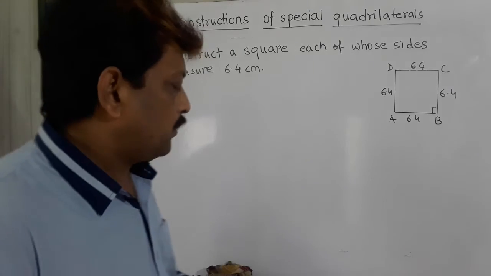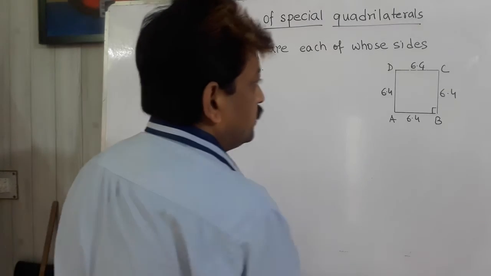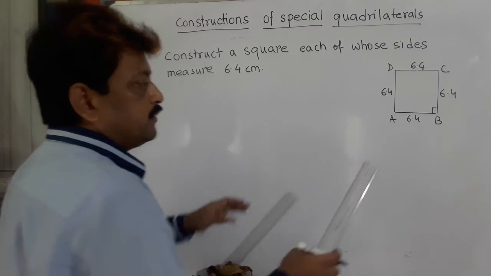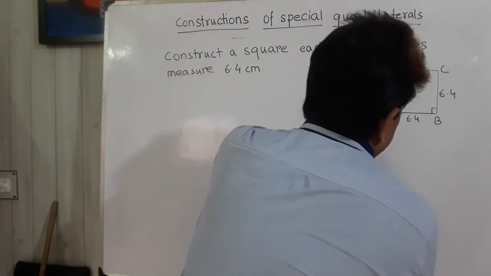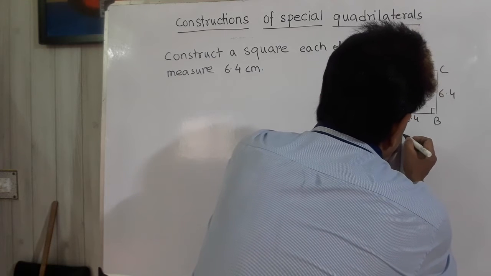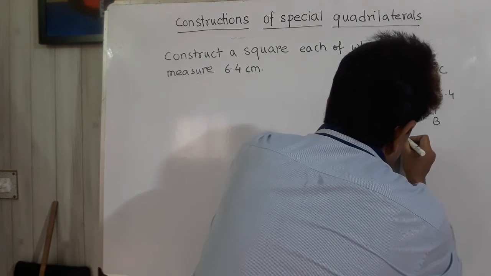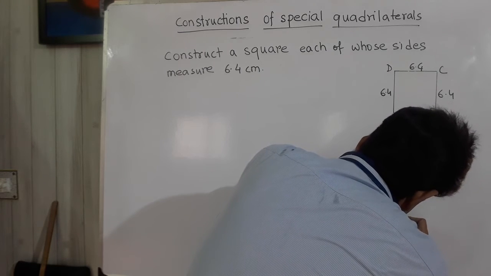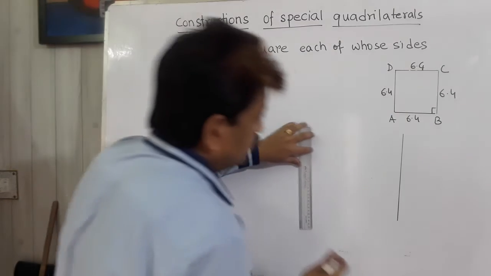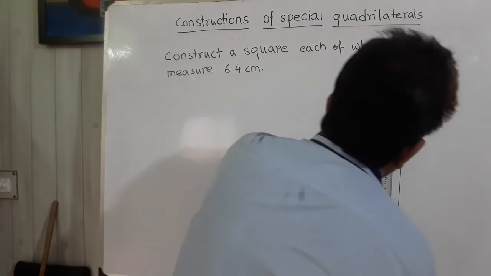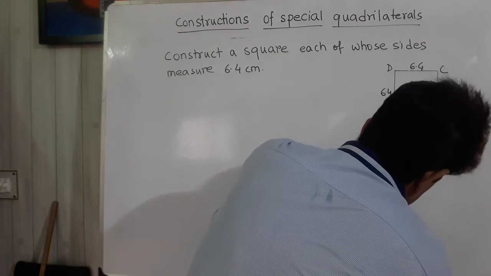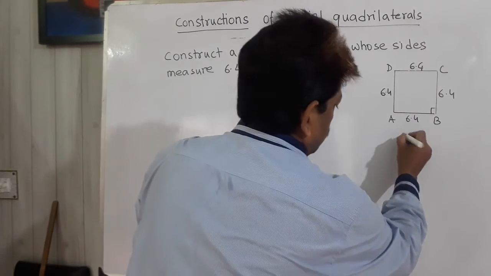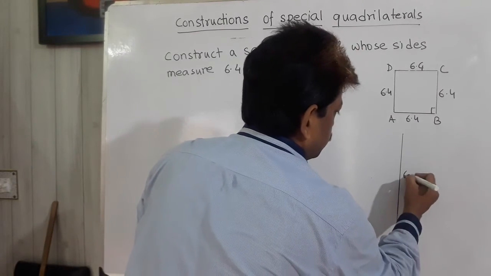So ABCD is a square whose each side measures 6.4 centimeter, and here I'm drawing a line of length 6.4 centimeter.